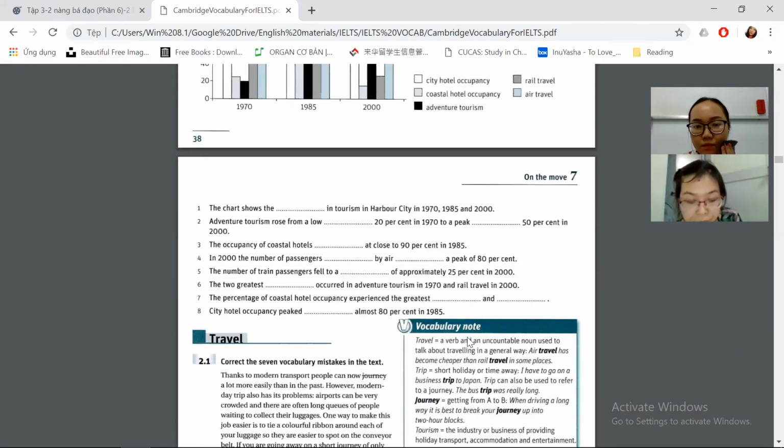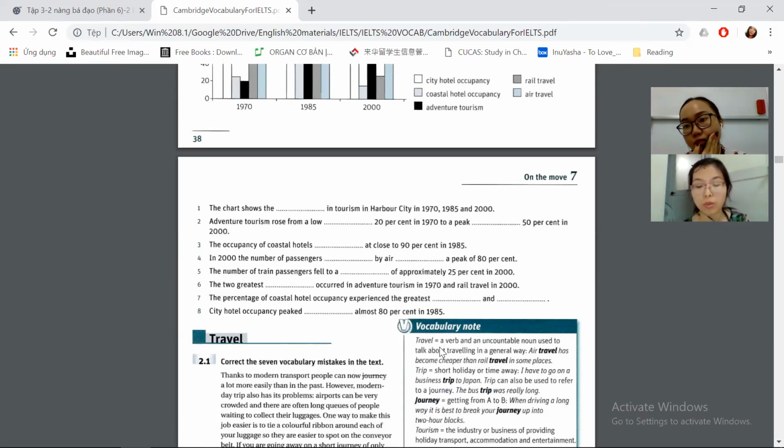Okay. Number seven, the percentage of coastal hotel occupancy experienced the greatest peak and trough. With the S, huh? Peaks and troughs.